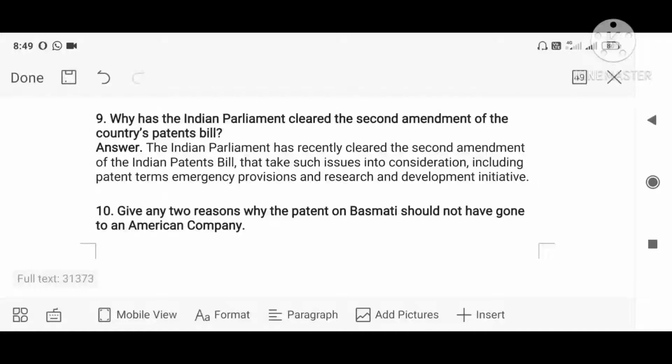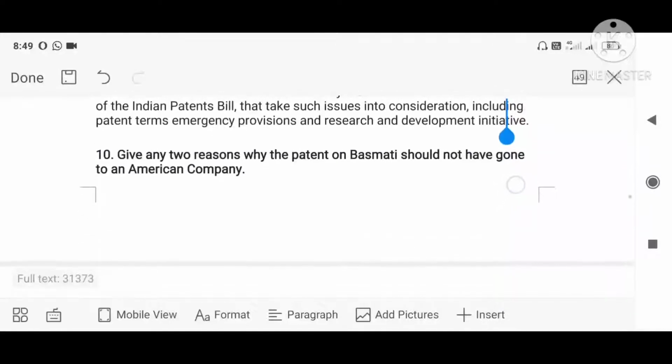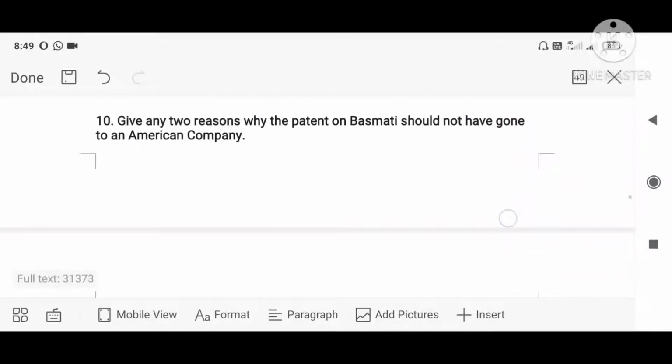Okay. So, for that only they have cleared a bill wherein they are clearing all the doubts, all clarifications regarding patents. Okay.